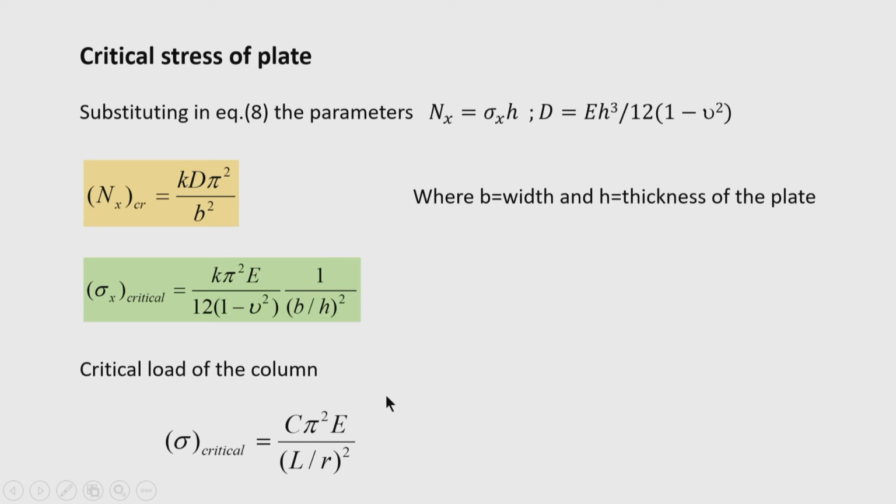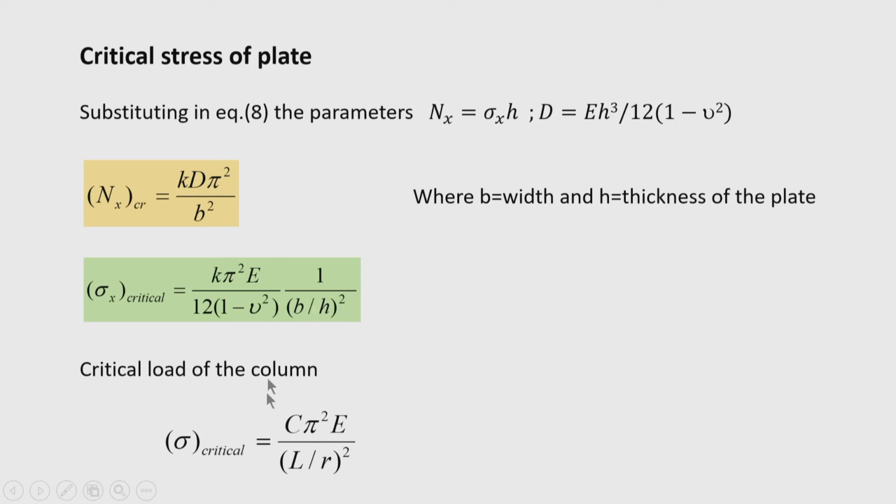If you recall, the critical load of the column is pi square E I by L square, where I is the second moment of area, expressed as I equals A R square, where A is the cross-sectional area. Then we get the critical stress of the column in terms of (L by R) whole square.